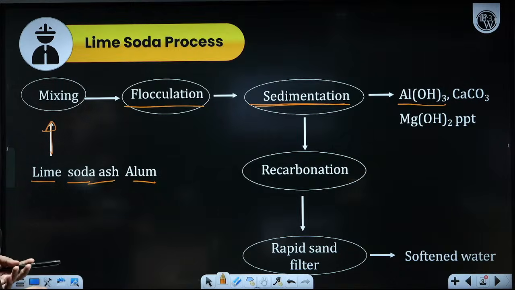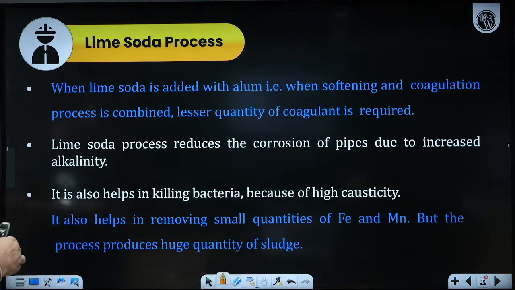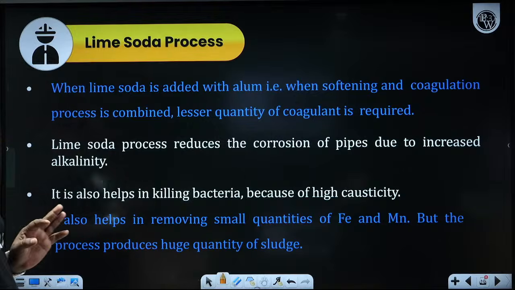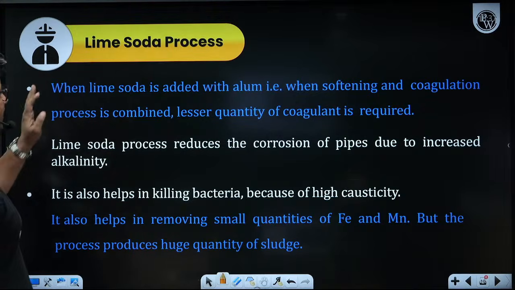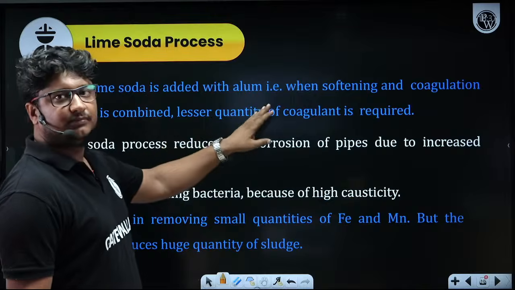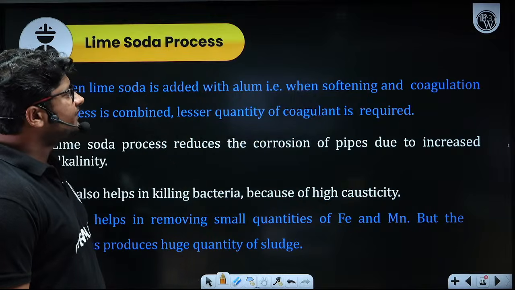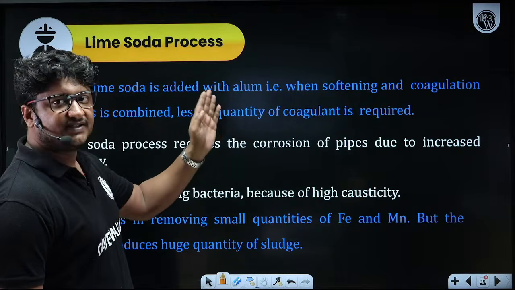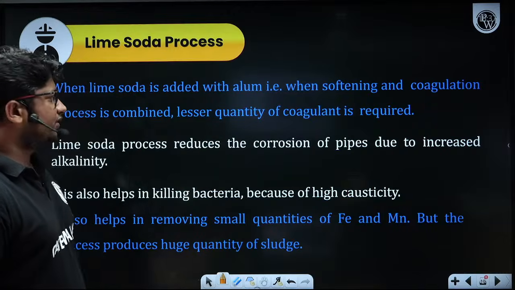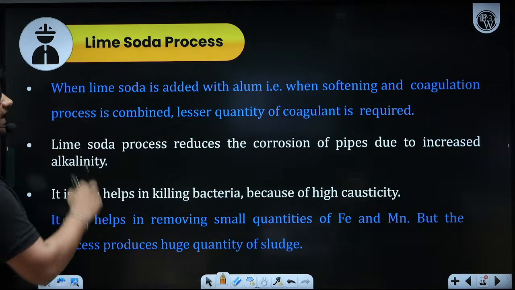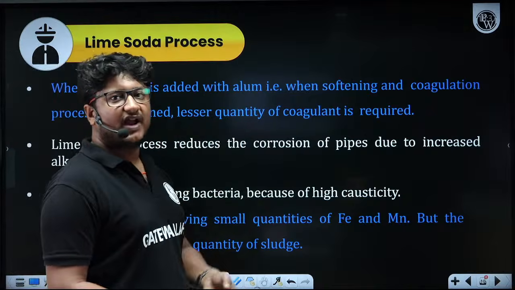Okay. Now, some other properties of the lime soda process. When lime soda is added with alum, that is something you have seen. When you do softening and coagulation together, the process is combined and a lesser quantity of coagulant is required.